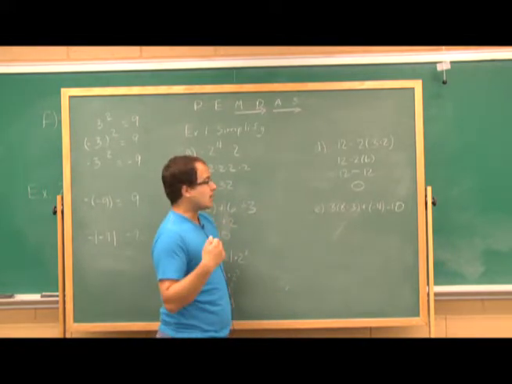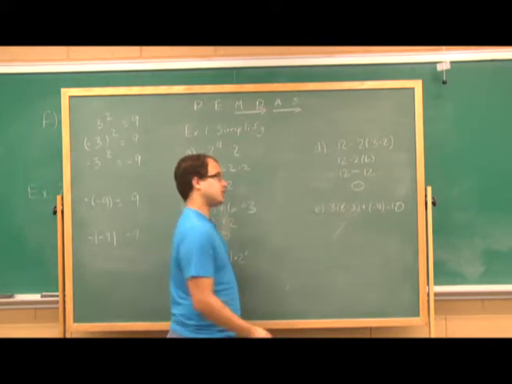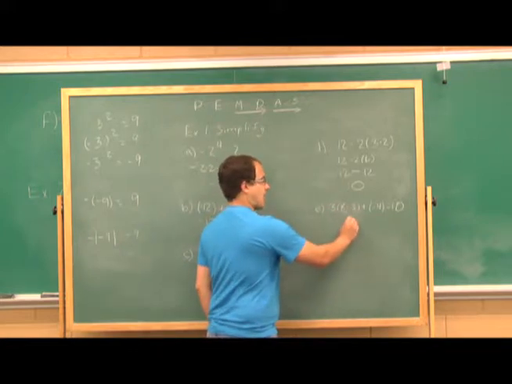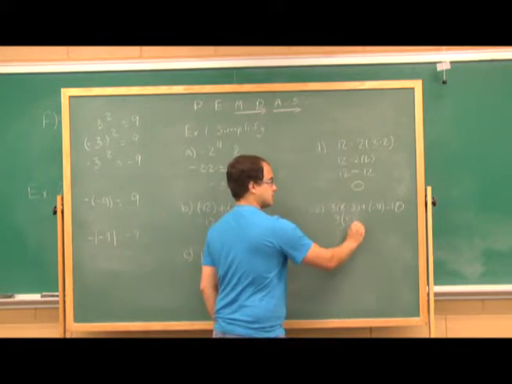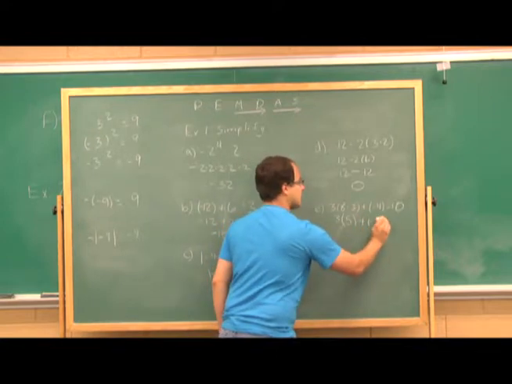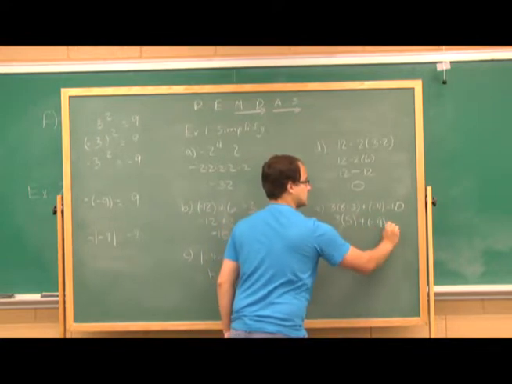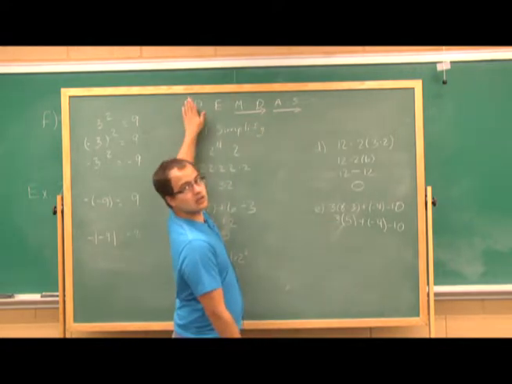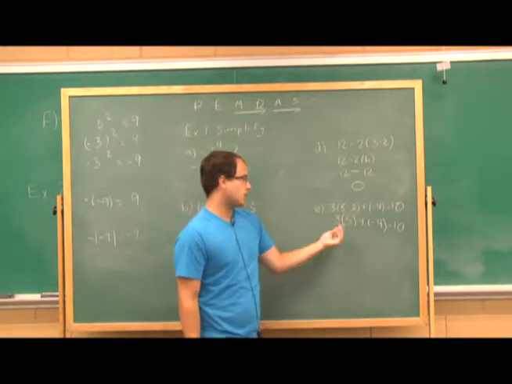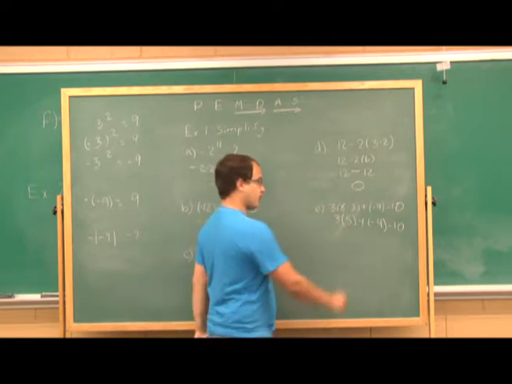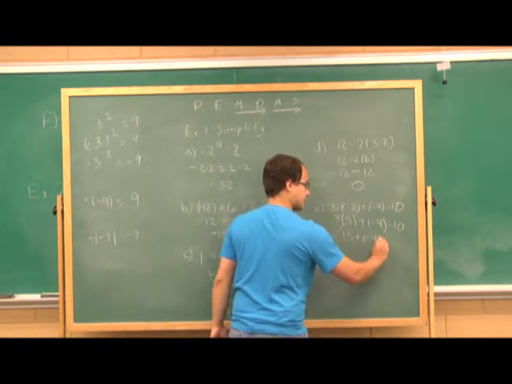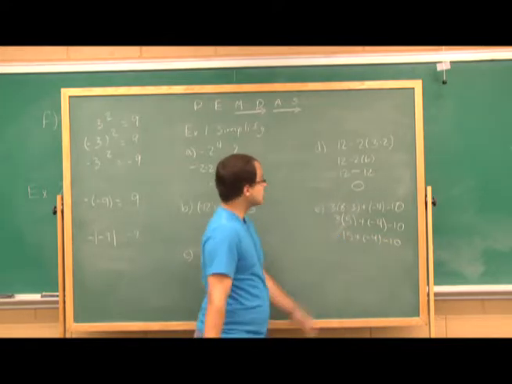On to E. We have to do parentheses first. So 8 minus 3 is 5. Everything else I just rewrite. Now, parentheses are done. No exponents, multiplication. 3 times 5 is 15. Multiplication and division is done.